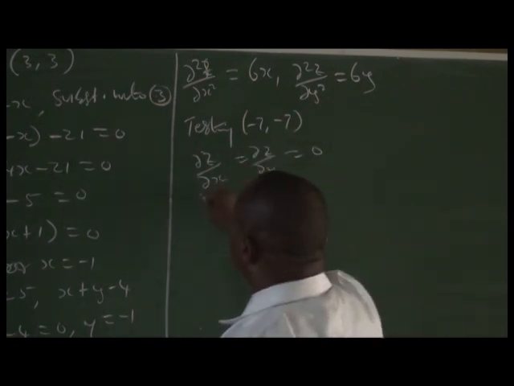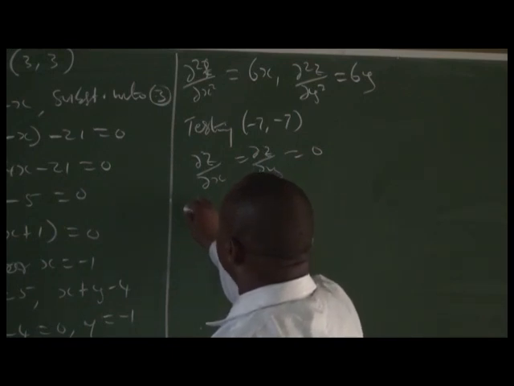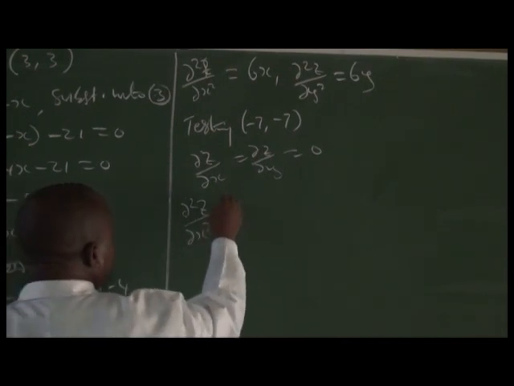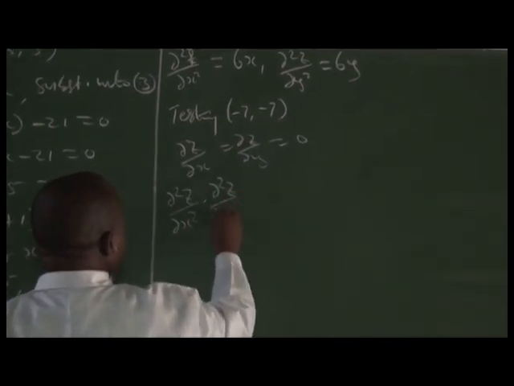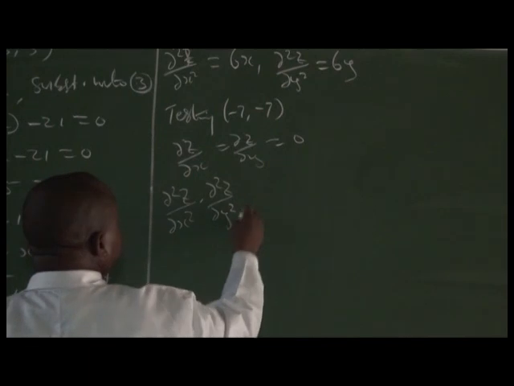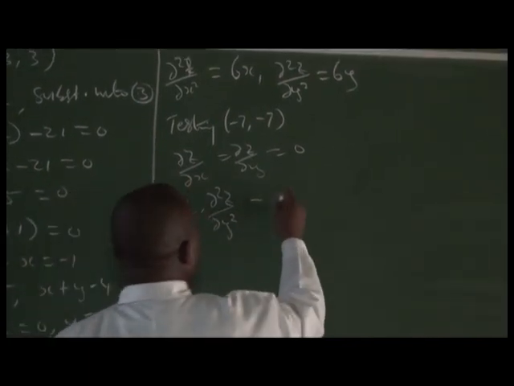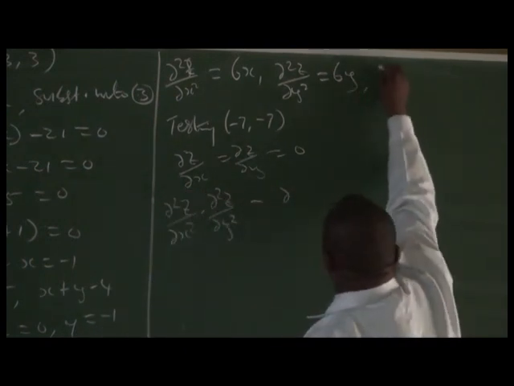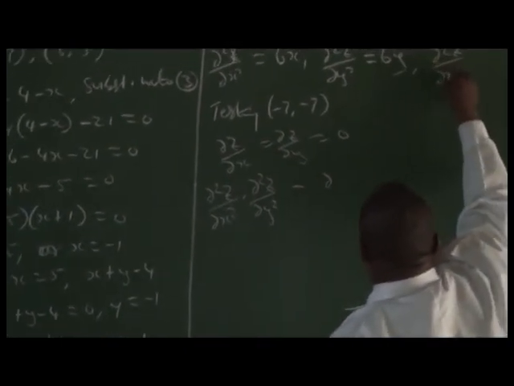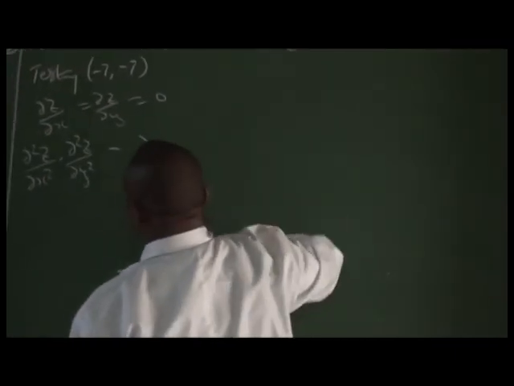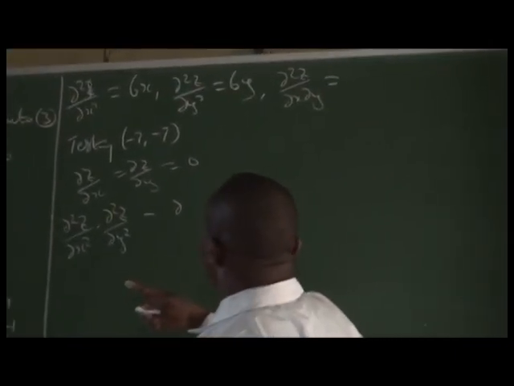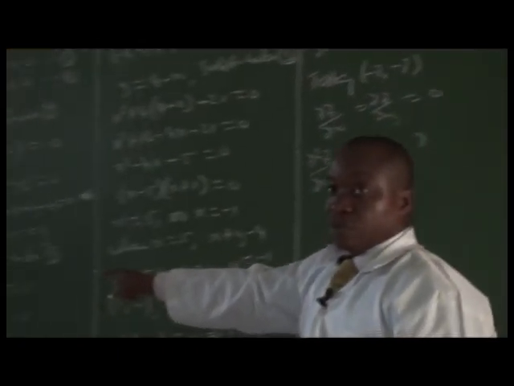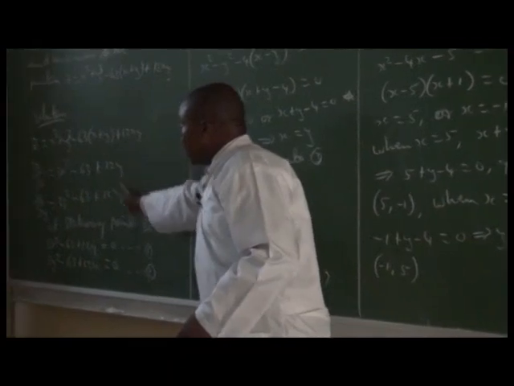Then we need the second partial z with respect to x squared times the second partial z with respect to y squared, minus the mixed partial, that is, go to x, differentiate with respect to y.